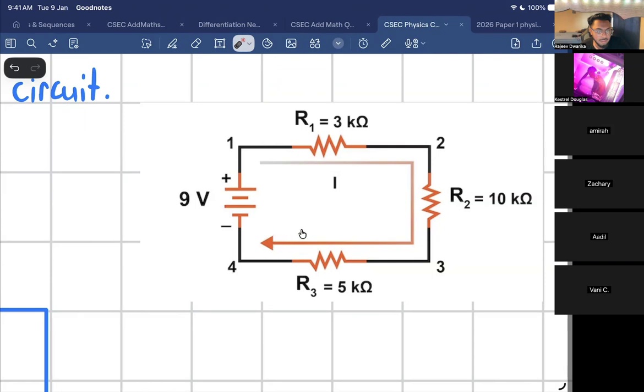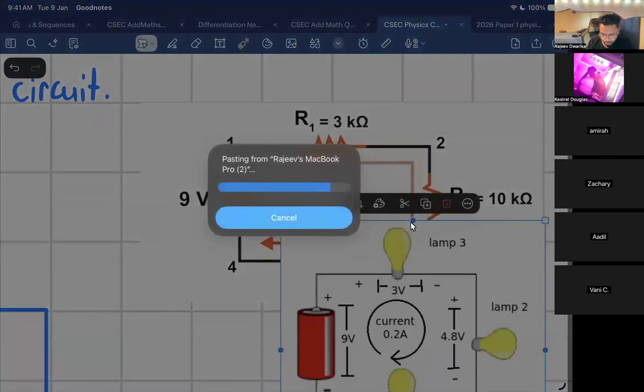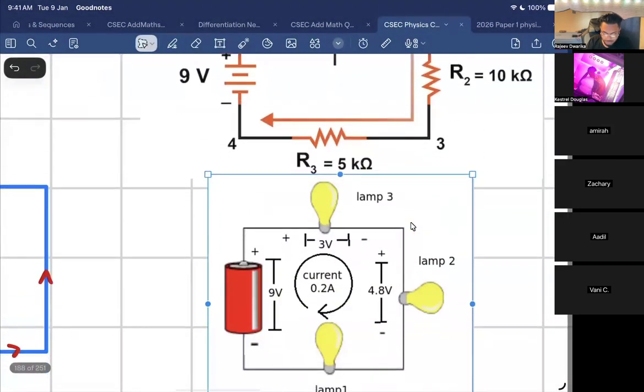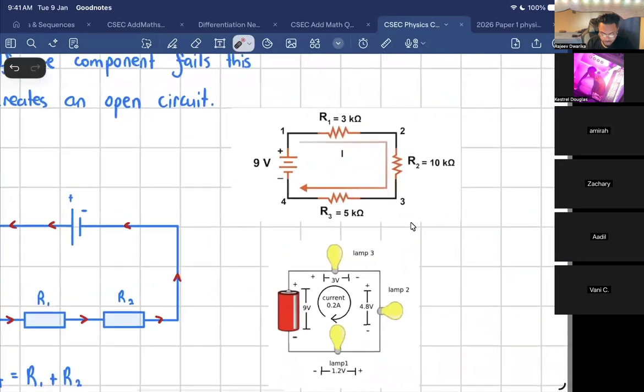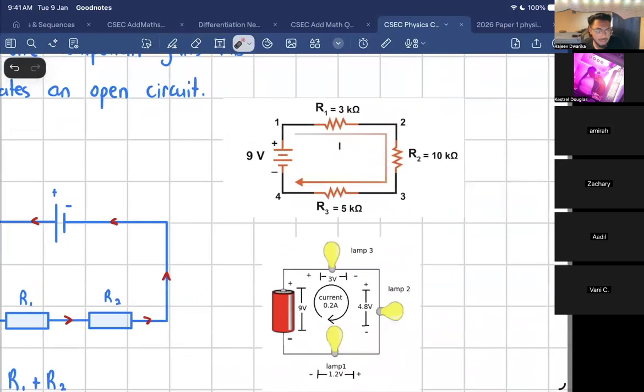Yes, sir. Okay. In all of these diagrams that I'm presenting to you, the current flowing through each component is the what? Anybody want to tell me?